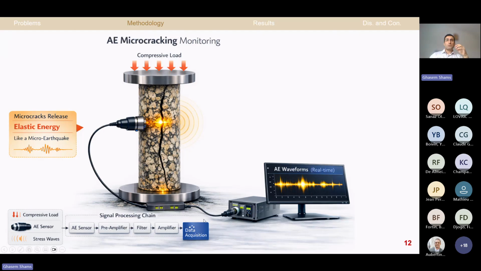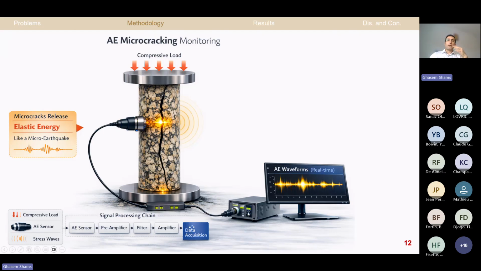Before the sensor signal reaches the data acquisition system, we have a signal processing chain composed of pre-amplifier, filter, and amplifier, to process the signals to be detectable and to reduce the noise inside them.